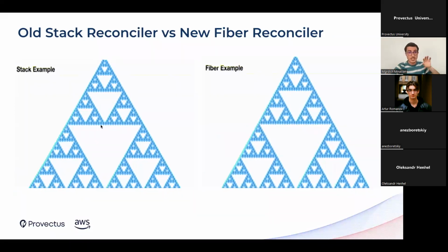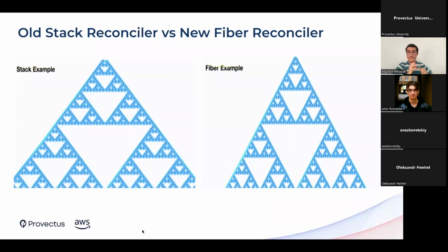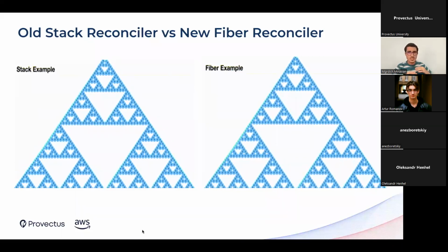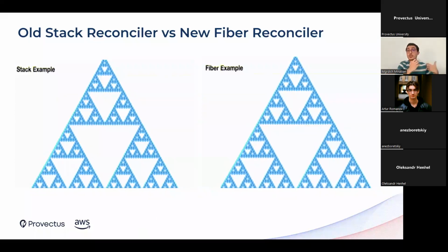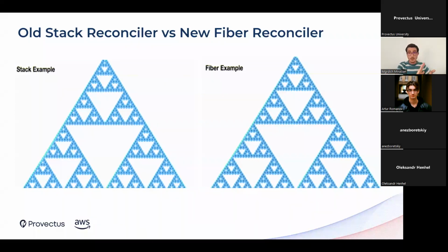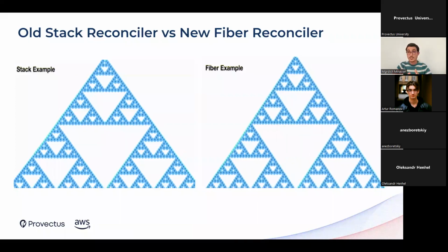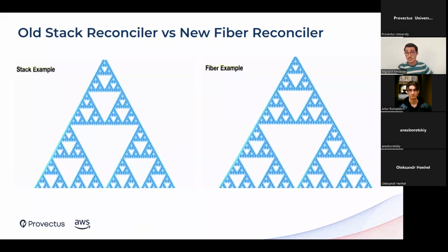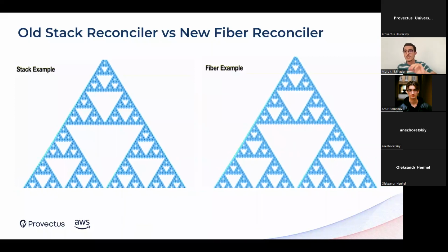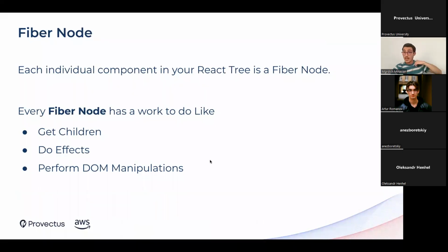As you see here, the old stack reconciler has some animation lags because it was not using the new APIs that the browser implemented, and it couldn't because you weren't able to pause the execution of the function. But the new fiber algorithm, because it has that ability to pause the execution, was giving us a much smoother UI.